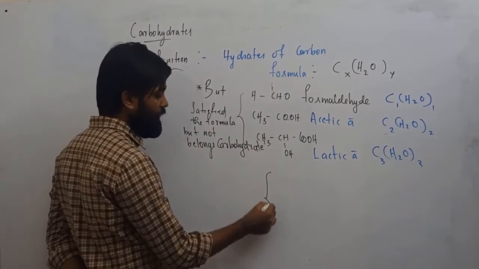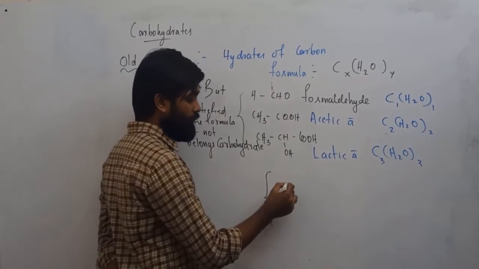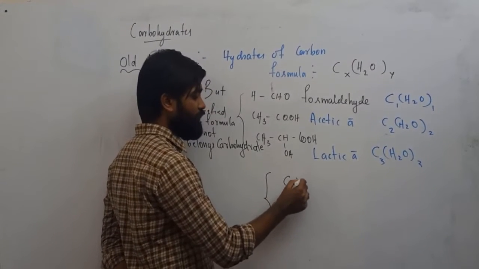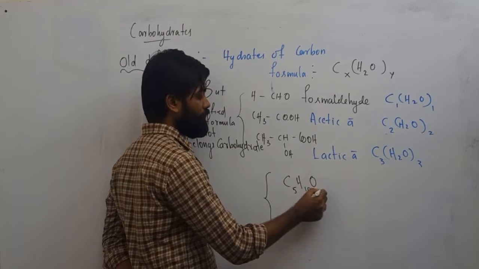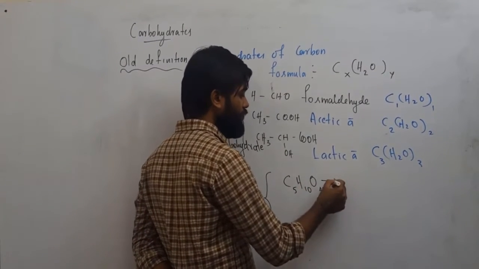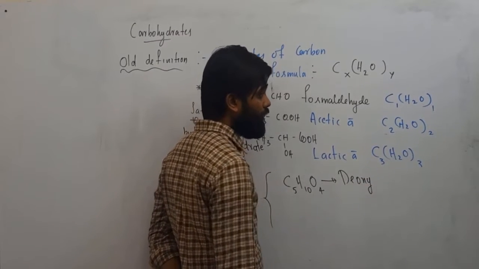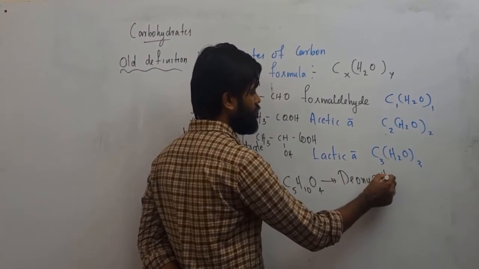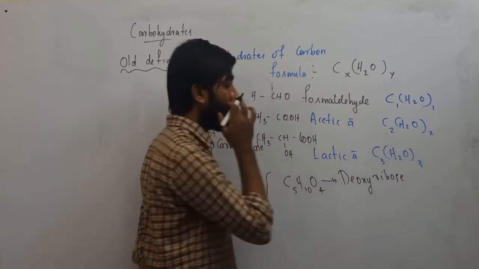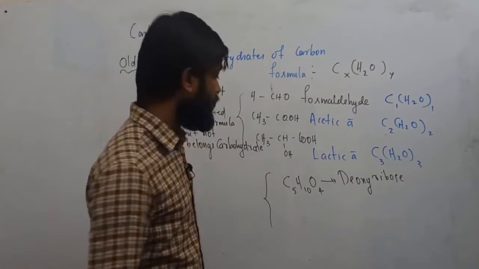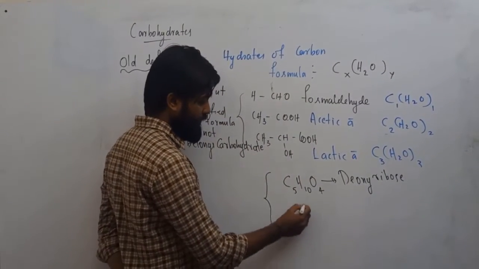Like that, I have two more examples. One is C5H10O4, which is the very familiar carbohydrate sugar unit called deoxyribose. I think you know that. Deoxyribose is the sugar unit found in DNA. And the next is rhamnose.